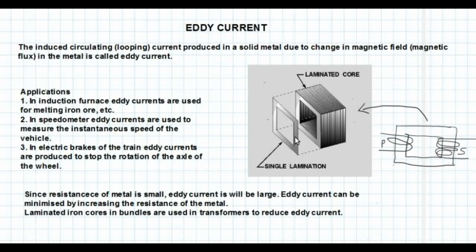This way we can keep all these together, and this is how we are reducing the eddy current. So laminated iron cores in bundles are used in transformers to reduce eddy current.